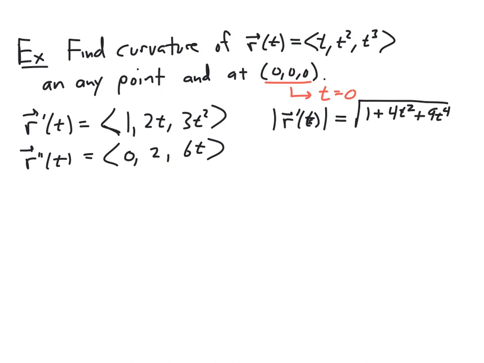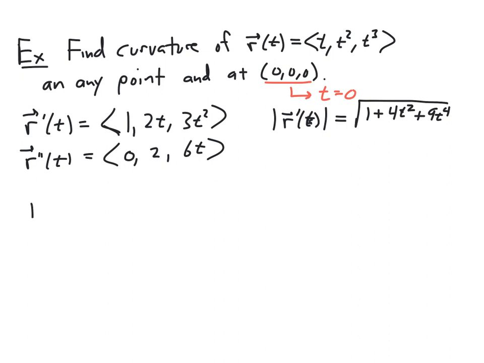And this is really why this alternative formula is useful in a problem like this, because we don't have to scale any vectors by quantities like this. And so when we go to do the rest of the formula for kappa, what we need is the magnitude of r prime cross r double prime.